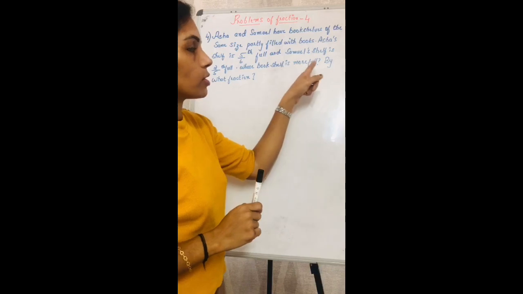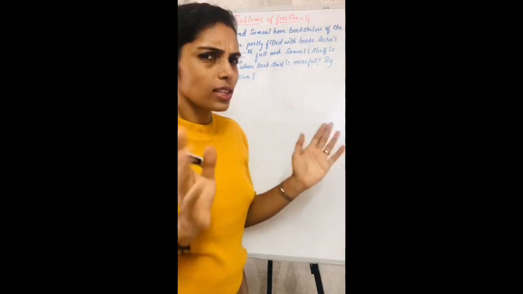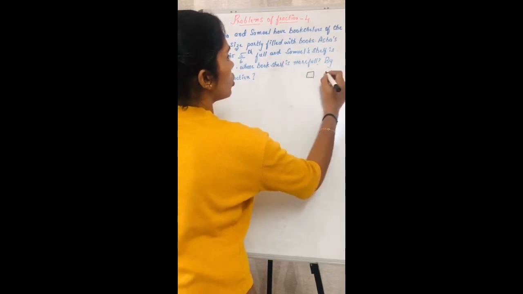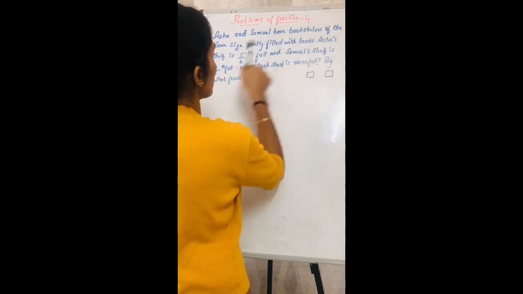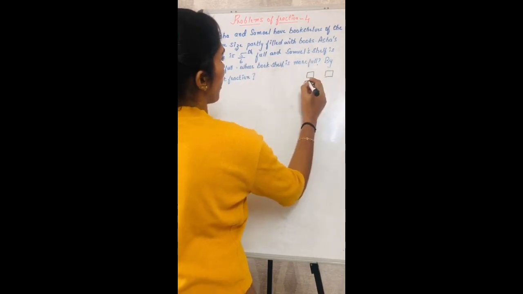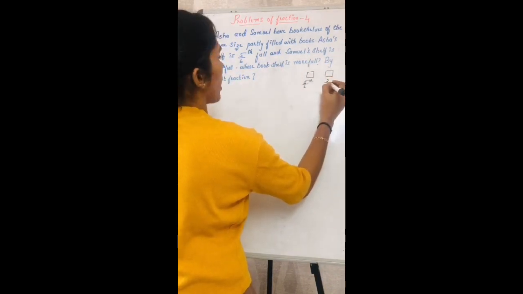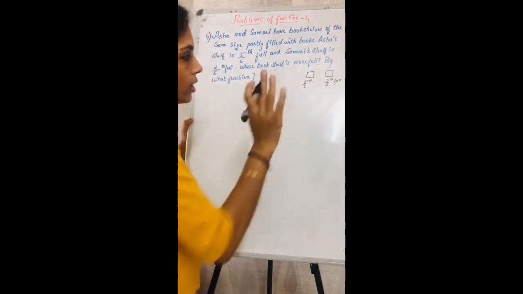Whose bookshelf is more full? By what fraction? Now, just picturize it. Asha and Samuel have two bookshelves. Asha's shelf is 5 by 6 full and Samuel's shelf is 2 by 5 full. Just we have drawn a diagram.